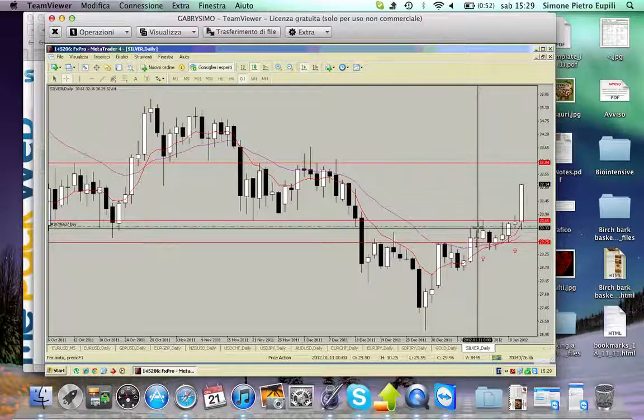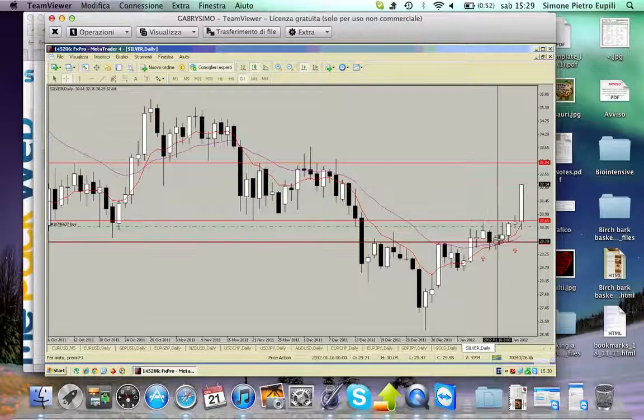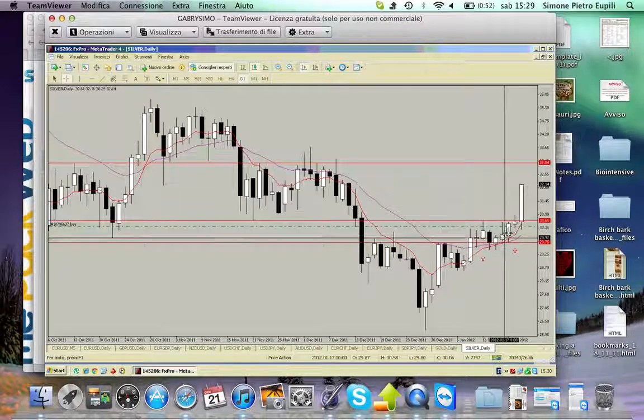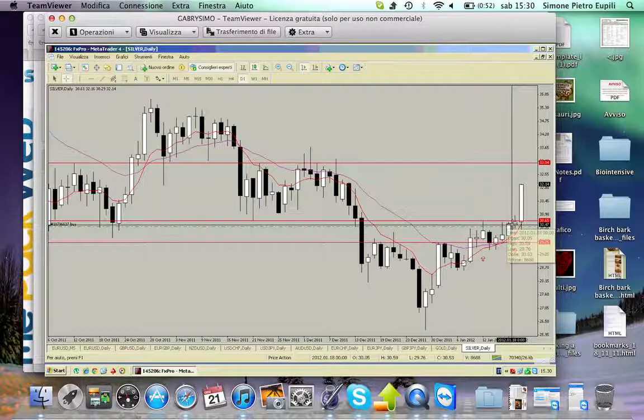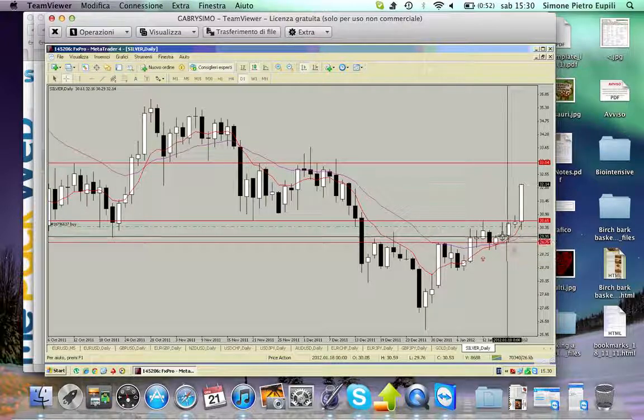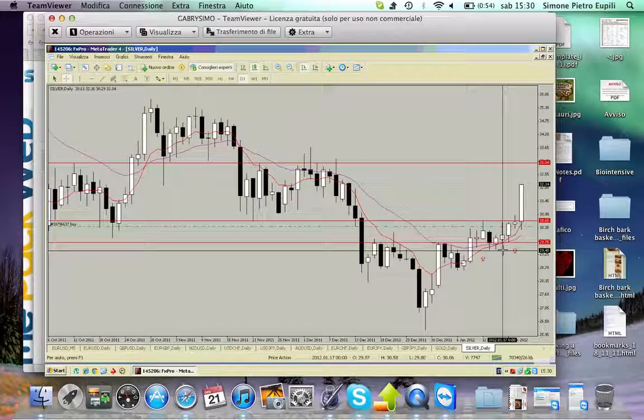I decided to enter long on the break of this mother candle, so I entered here, and then the price retraced and for a week I was losing money. My stop loss was here, so I've also been lucky to have been saved by the market here.